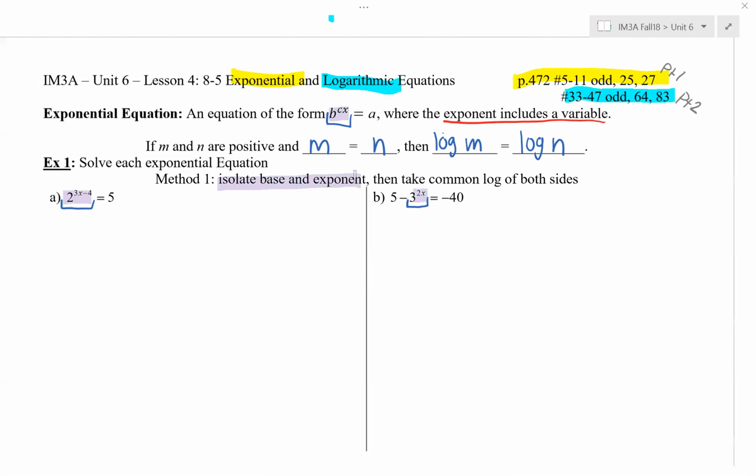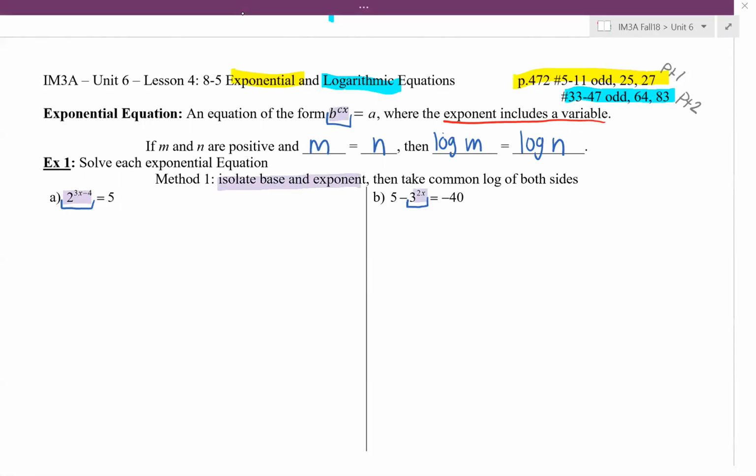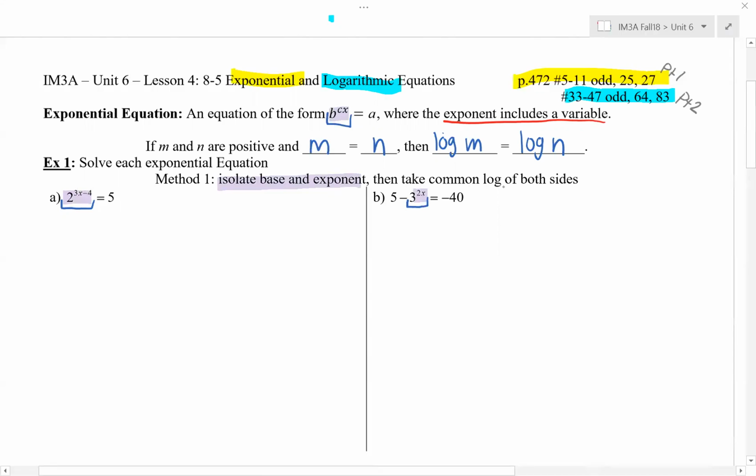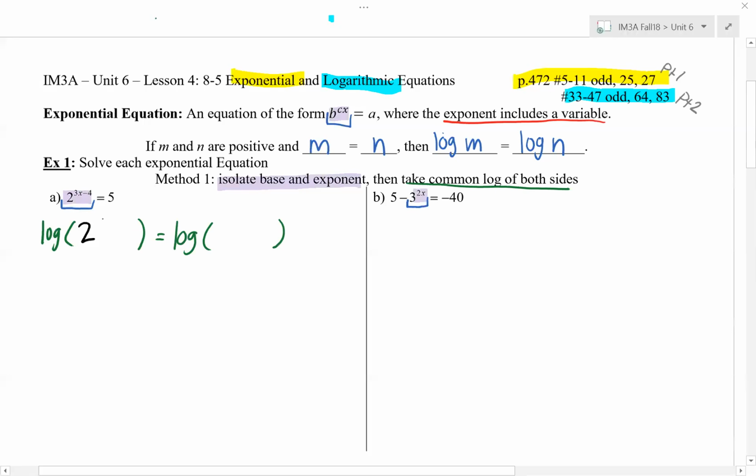And so when I have my base and my exponent isolated, like I do in example 1a, I'm going to take the common log of both sides, meaning I'm going to have log of my left-hand side equal to log of my right-hand side. And so remember that we can perform any kind of operation on a math problem in an equation as long as we do it to both sides of the equation. And so we have log of 2 to the 3x minus 4 power equals log of 5.